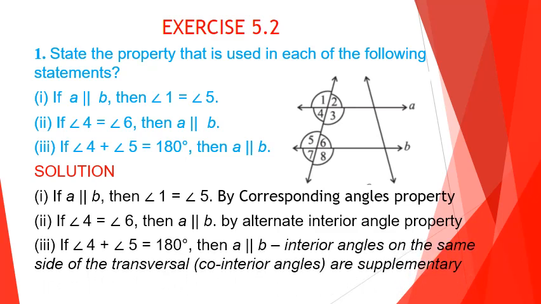So we can say that if angle 4 plus 5 equals 180 degrees, then line A is parallel to B, because interior angles on the same side of the transversal are supplementary. Another name for interior angles on the same side of the transversal is co-interior angles. So angle 4 plus 5 equals 180 by the property that co-interior angles are supplementary.